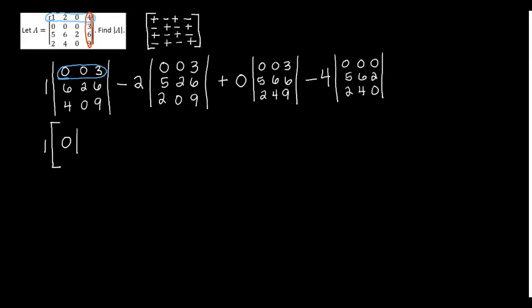The remaining matrix will be 2, 6, 0, 9, because we remove that first column. We're left with 2, 6, 0, 9. Now we'll alternate our signs, minus 0. The remaining matrix is 6, 6, 4, 9.